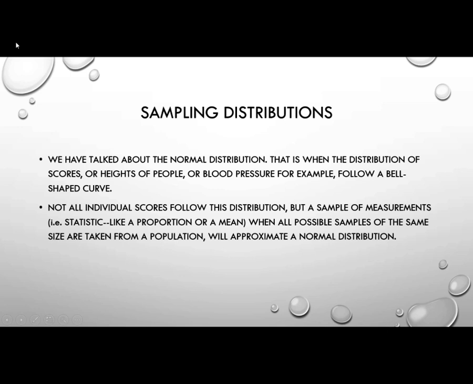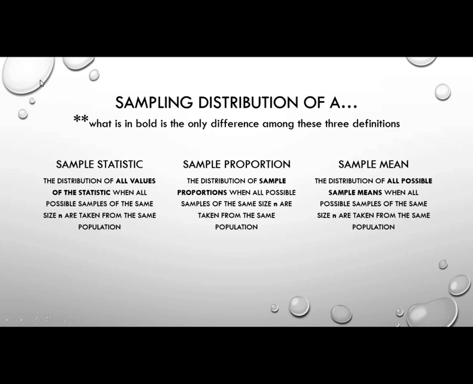So we've talked about the normal distribution, that is, when the distribution of scores, or heights of people, or blood pressure, for example, follow a bell-shaped curve. Not all individual scores follow this distribution, but a sample statistic, like a proportion or a mean, when all possible samples of the same sample size are taken from a population, will follow an approximate normal distribution.